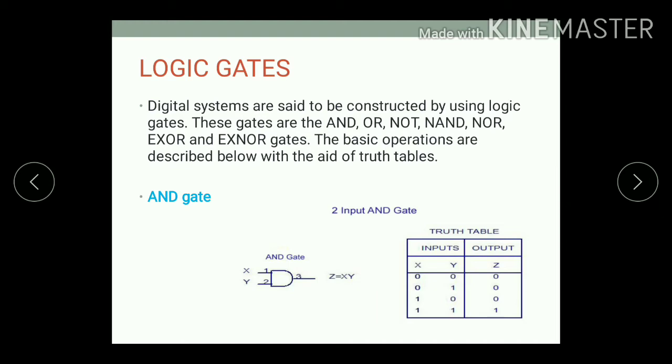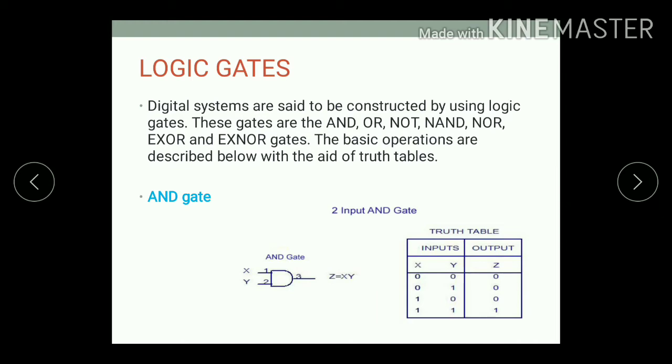The two important characteristics of the logic gates are the truth table of that logic gate and the boolean expression. If we see here, this is the truth table for the AND gate and this is the logical expression for the AND gate. These are two important characteristics for any logic gate.